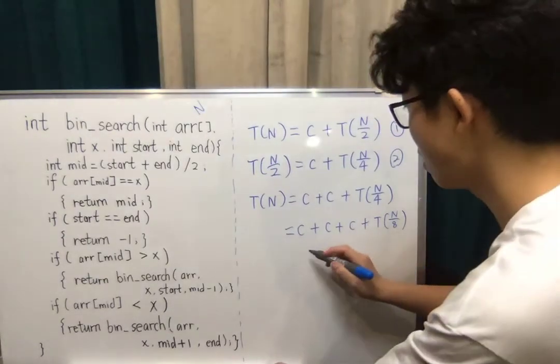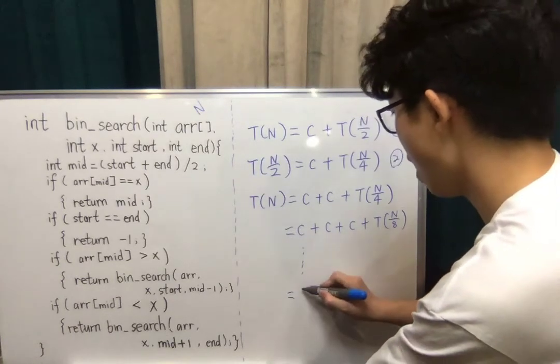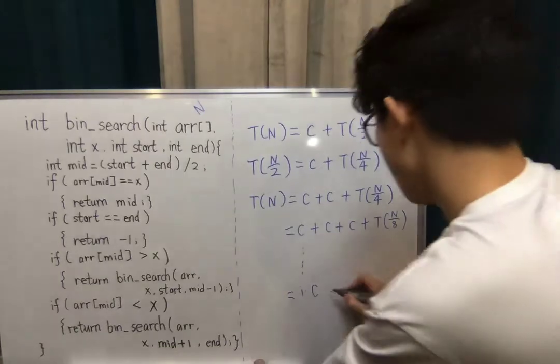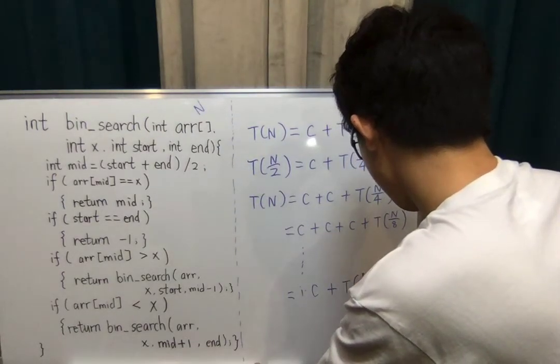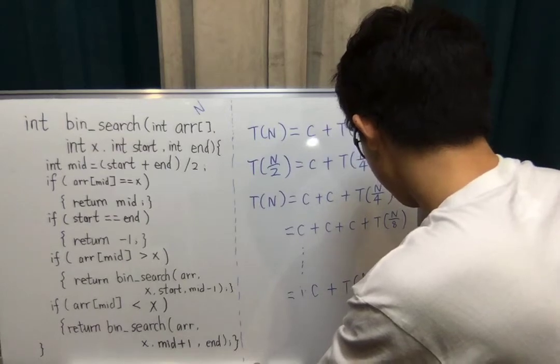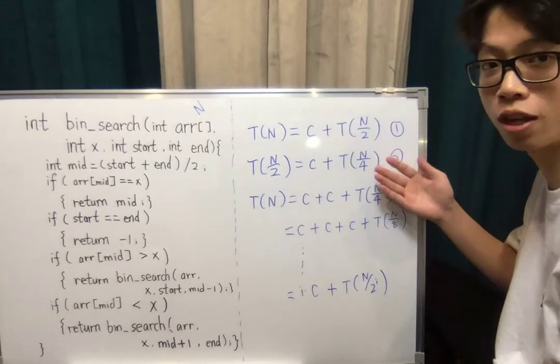Then we will find the pattern here, which will become i times C plus T(n/2^i), right? This is the pattern of this unfolding.